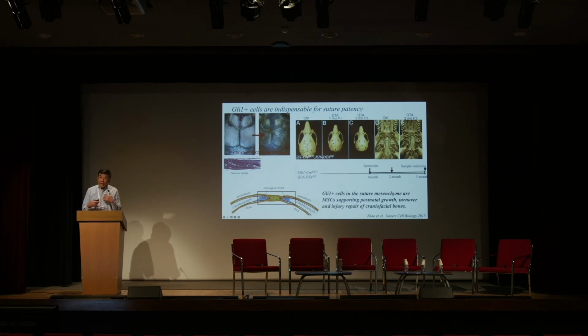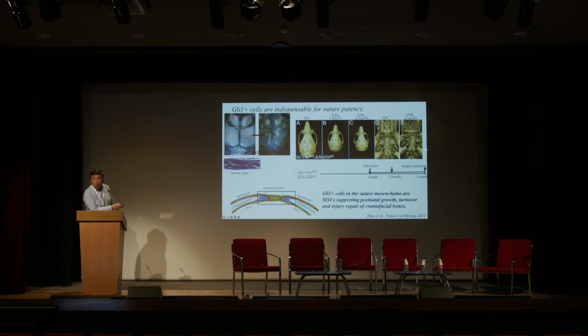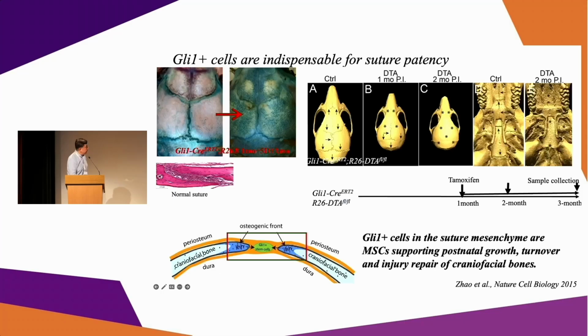And if you want to test how important these GLI1 positive cells are, you can generate a model eliminating them, basically killing them. Once that happens, you can see every single suture in the skull has fused. So this clearly shows the GLI1 positive cells are important.